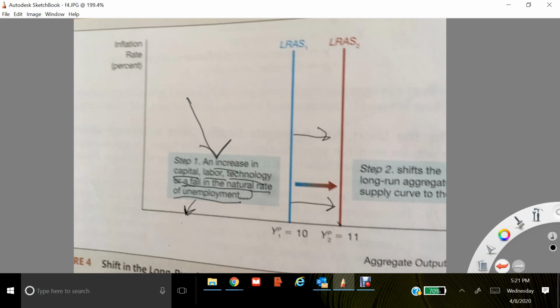People are, even if the economy is humming along at an optimal rate, there's still going to be people that want to change jobs. There's going to be certain businesses that are not doing well and that are going to close. Those people are going to lose their job and they're going to look for other jobs. There are various factors that are going to cause unemployment.